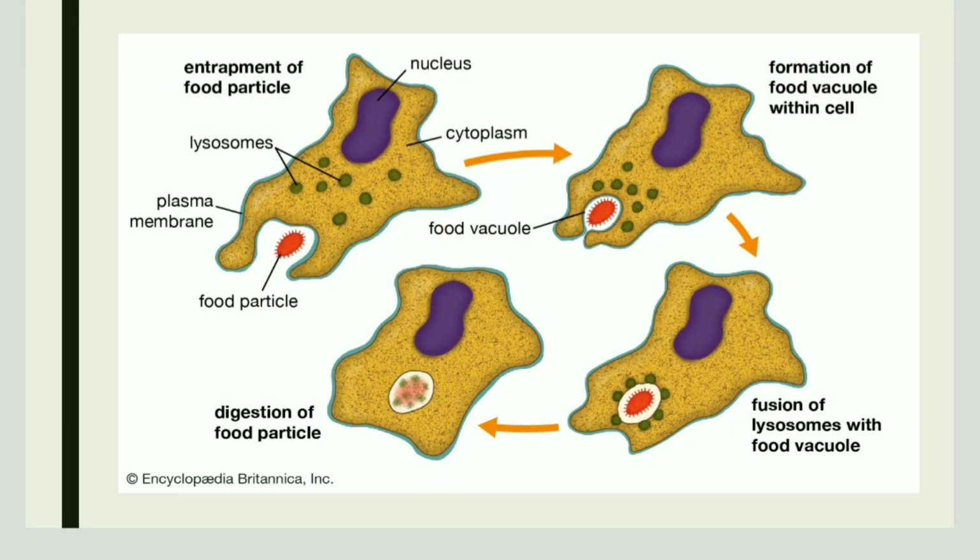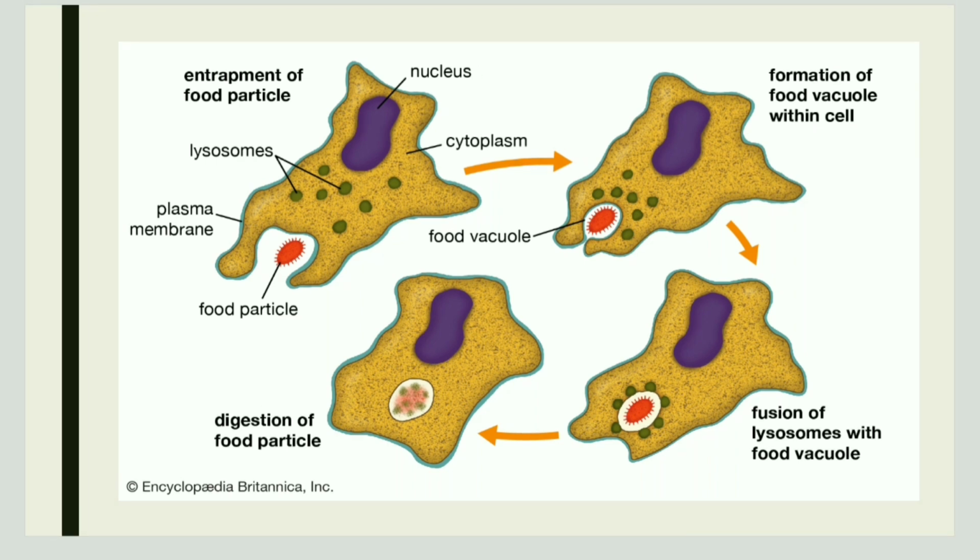This diagram shows the process of phagocytosis in amoeba. When a food particle is detected by the amoeba, it is attached by the amoeba. That is, the amoeba spreads its pseudopodium over this food particle, and the food particle is surrounded by the amoeba. After which a phagosome is formed there, that is, a vesicle is formed.